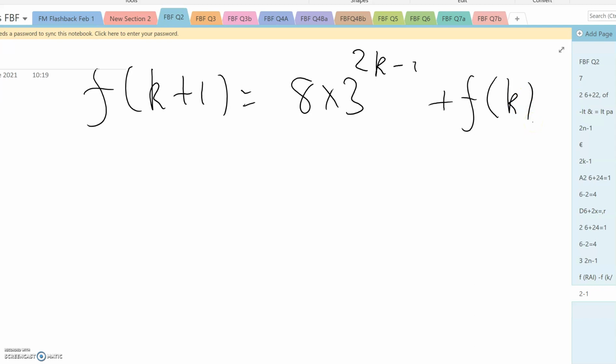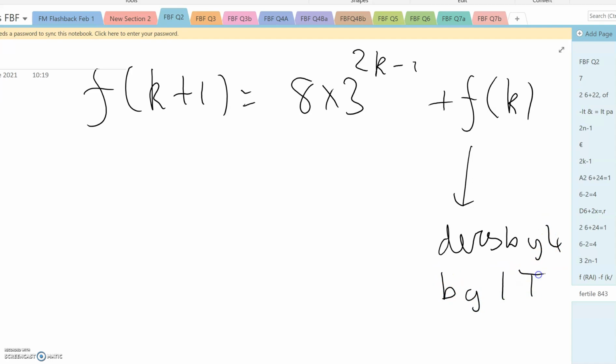But proof by induction involves assuming the result is true for n equals k, which means f of k is divisible by 4 by the inductive hypothesis. But 8 times 3 to the 2k minus 1 is divisible by 4 by inspection.